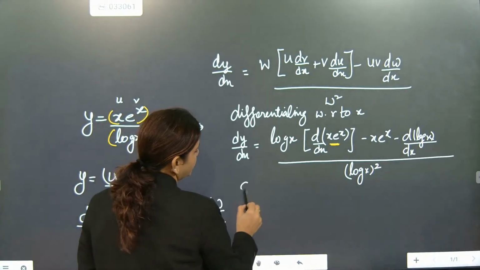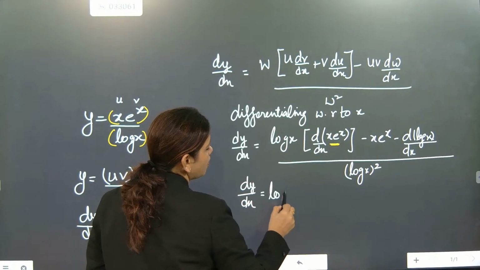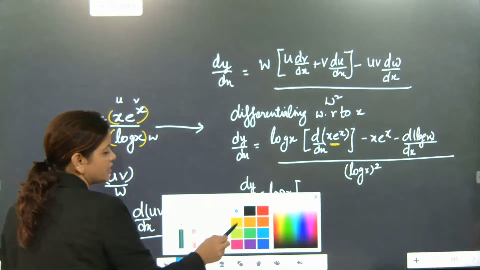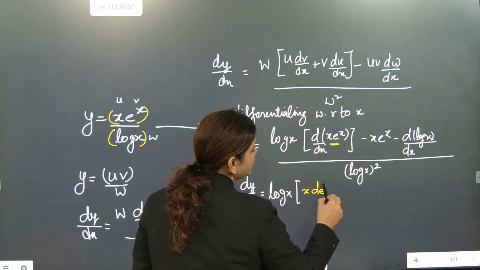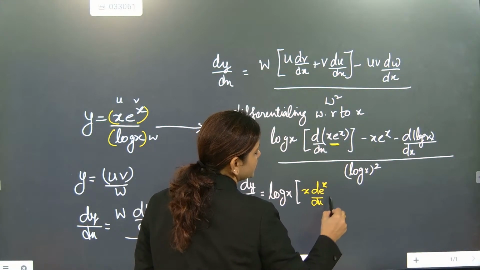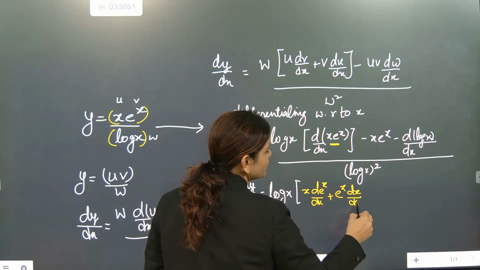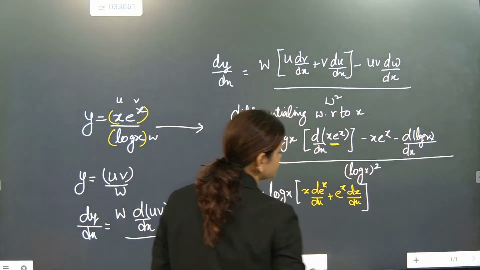Now look here. dy by dx is equal to log x. Now here only this section will be differentiated. That is, one time x will be left, e to the power x will be differentiated. Then e to the power x will be left, x will be differentiated. So only this part has the split.